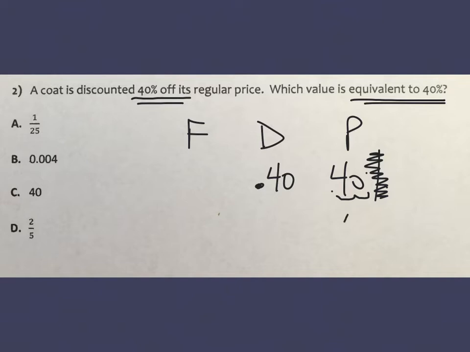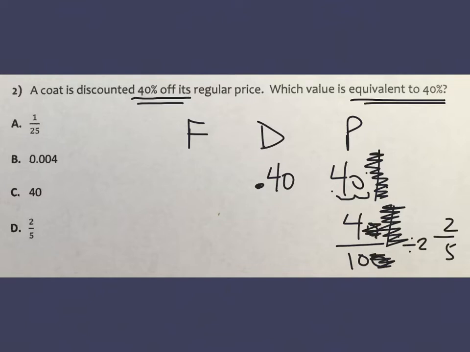To change a percent, 40%, to a fraction, I eliminate the percent symbol, put it over 100, and simplify. 40/100 divided by 2 would make 20/50, and simplified fully, the fraction would be 2/5. The decimal would be 0.40 or 0.4, and the percent would be 40%.